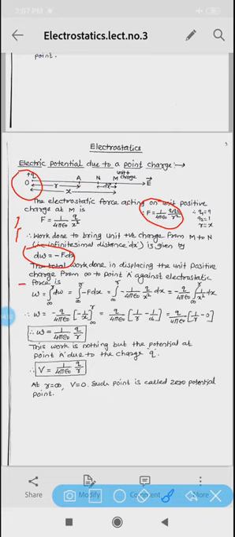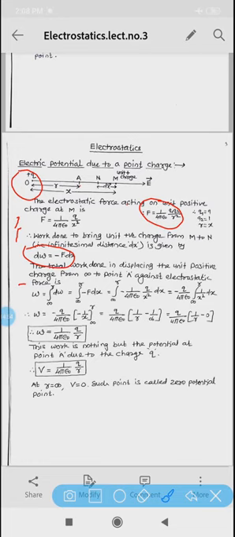So W is equal to integration of, put the value of dW, minus F into dx, but F is equal to 1 upon 4 pi epsilon 0 q upon x square. So put the value of F here.